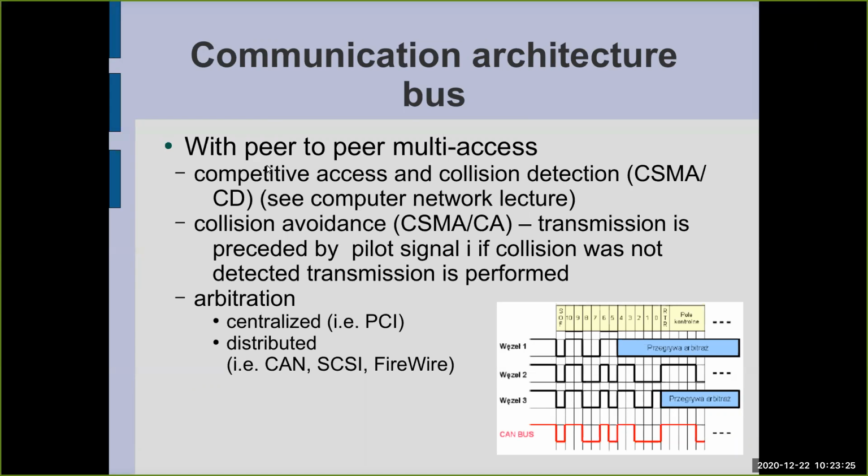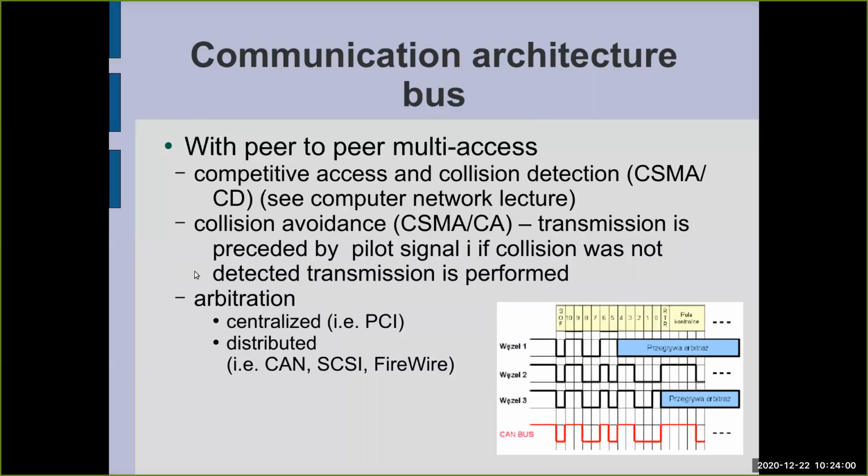So what's the possible solution? The most commonly used in computer networks like Ethernet is something which is called competitive access and collision detection. It is denoted as CSMA-CD. And I will tell you something about this method later, talking about network interfaces.